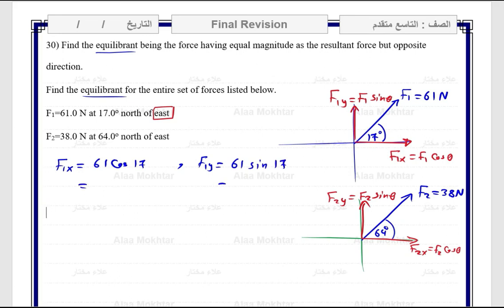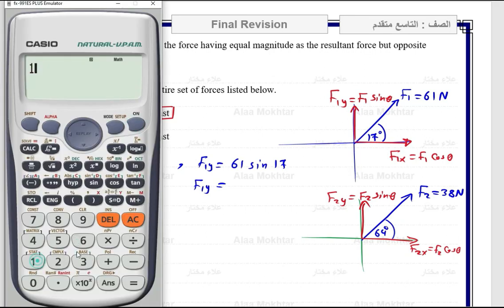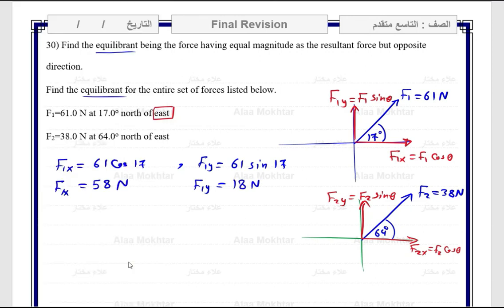The answer is F1x equals 58, and F1y equals 18.